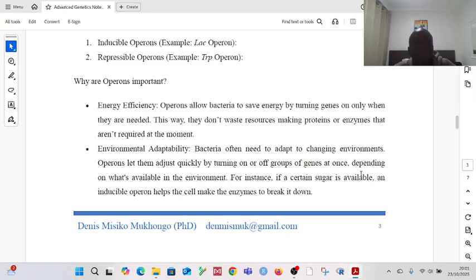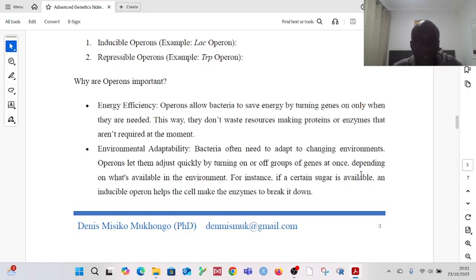Okay? So on the basis of the needs of the environment that are keeping to change all the time, the operons will allow the bacteria to adjust quickly, either by turning on certain genes or turning them off all at once, largely depending on what is available in the environment.